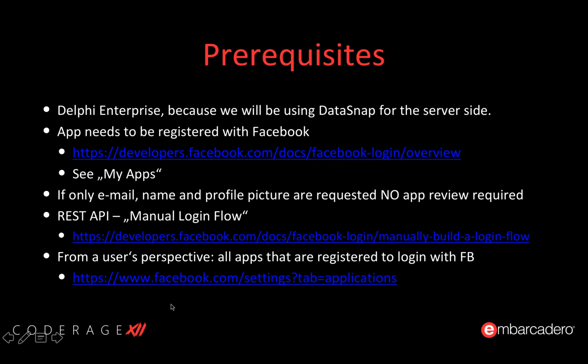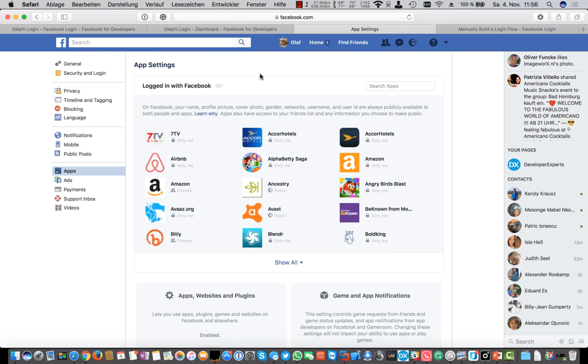And the last thing, which is more from a user's perspective, is the URL that you would look at to see what applications I actually allowed to be logged in through Facebook. This is the link to that page, and this is somewhere inside your regular Facebook account, and there is an apps section, and there you have logged in with Facebook.